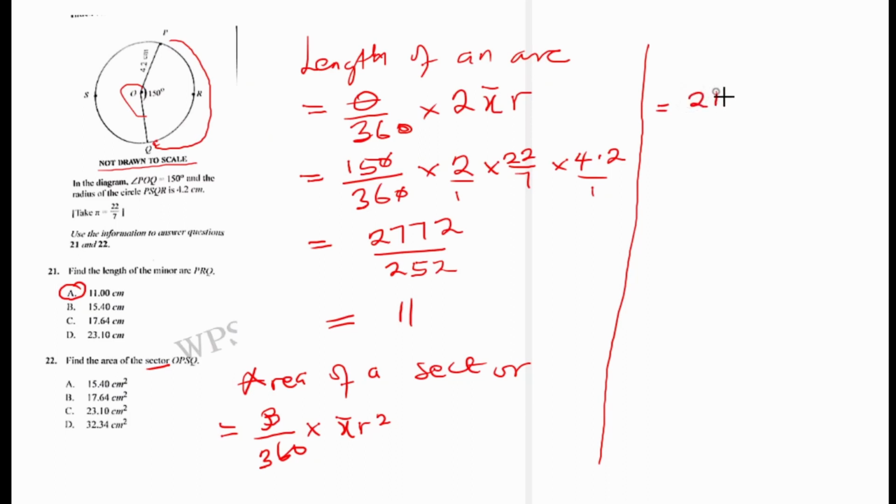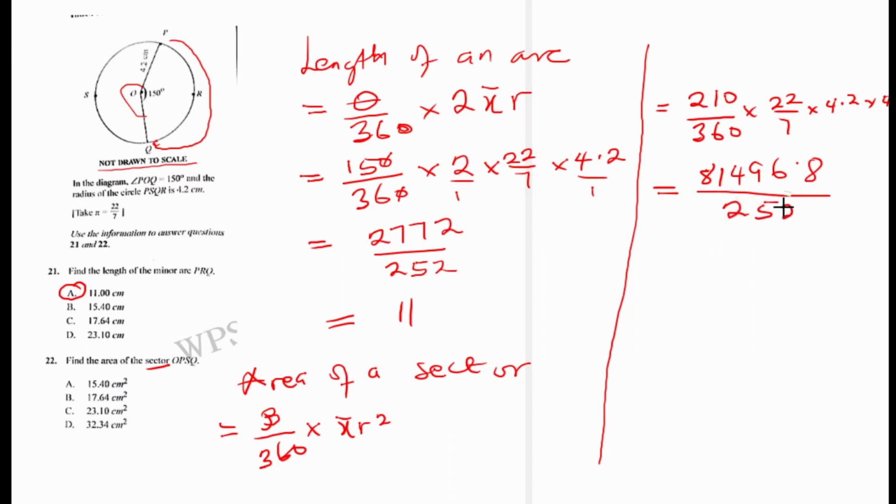So 210 divided by 360 times pi, which the question gave us as 22 over 7, times the radius, 4.2 times 4.2. Again, we just do all the multiplication like we did for the first one. Multiplication of the numerators gives us 81,496.8 all over 2,520.